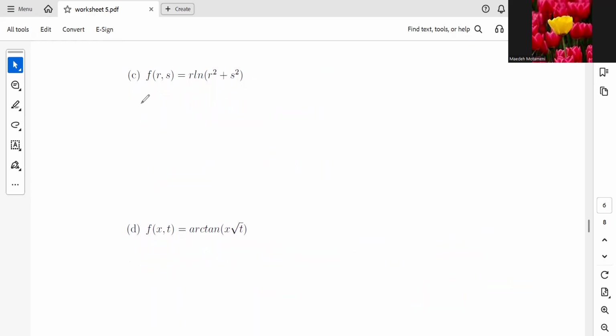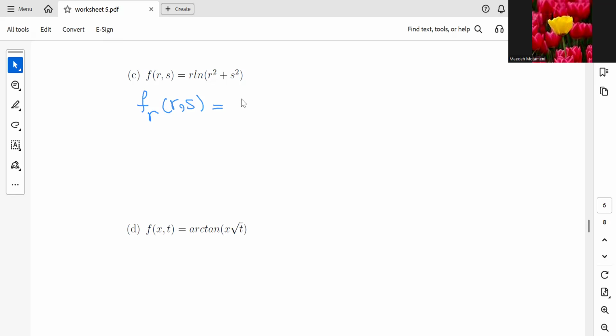In here, when we are going to find the first derivative with respect to r of r and s, we have two different parts here, and both of them have r in them. So it means that you're going to use the product rule.